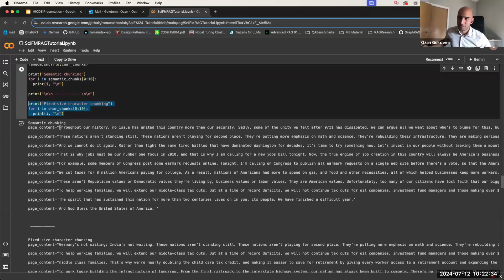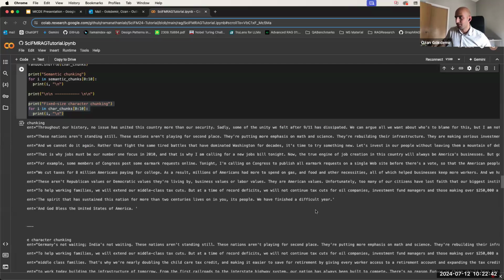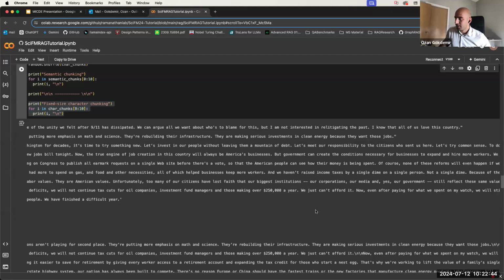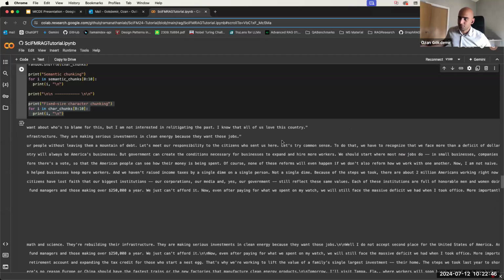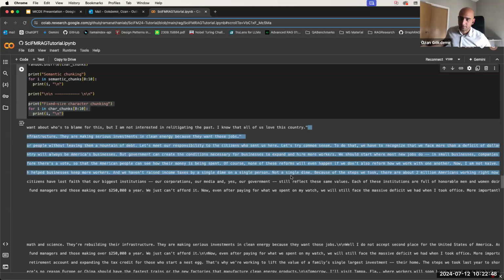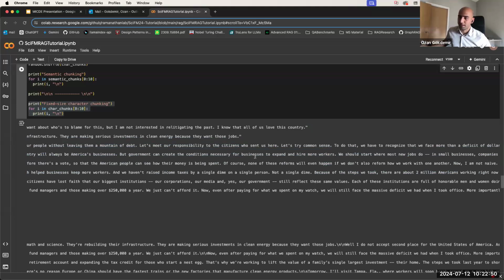If you look at semantic chunking, you see full sentences, right? Full sentence, full sentence, full sentence in the beginning. I mean, if you look at the end, another thing you see, variable length. Because remember the slide, sentence 1 was one chunk by itself, the other 2 were a chunk, the other 3 were a chunk, right?